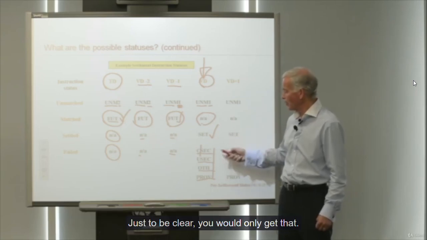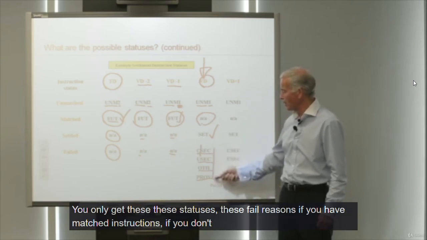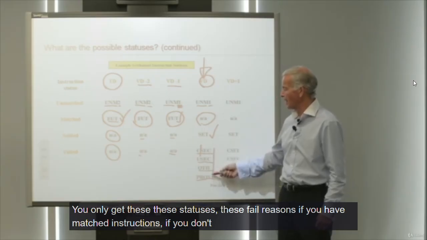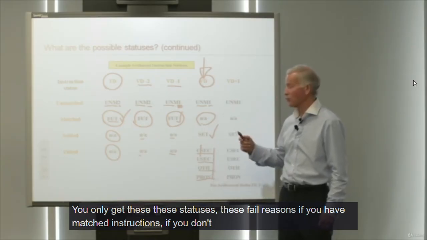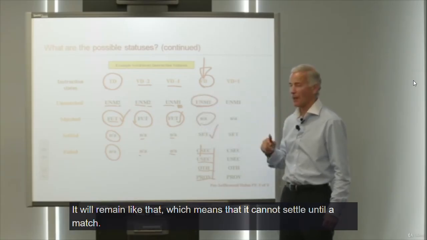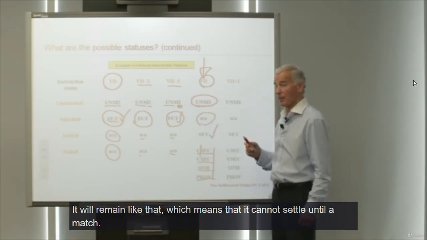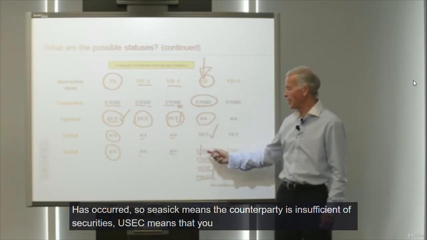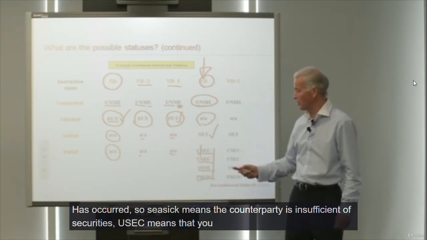Just to be clear, you'd only get these fail reasons if you have matched instructions. If you don't have matched instructions, it will remain unmatched, which means that it cannot settle until a match has occurred. So CSEC means the counterparty is insufficient of securities.